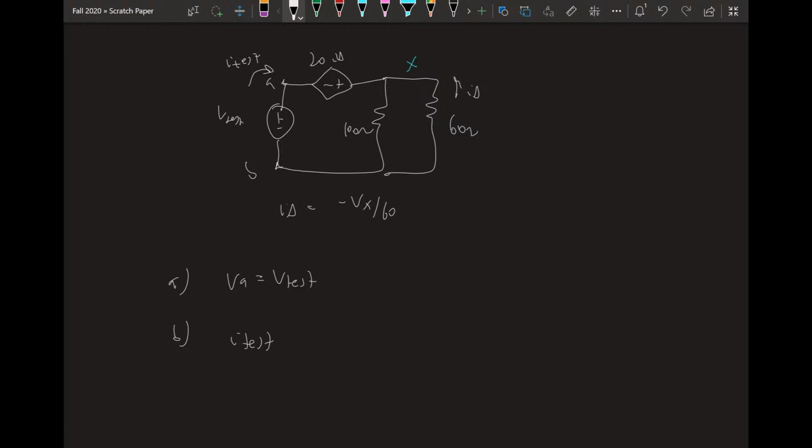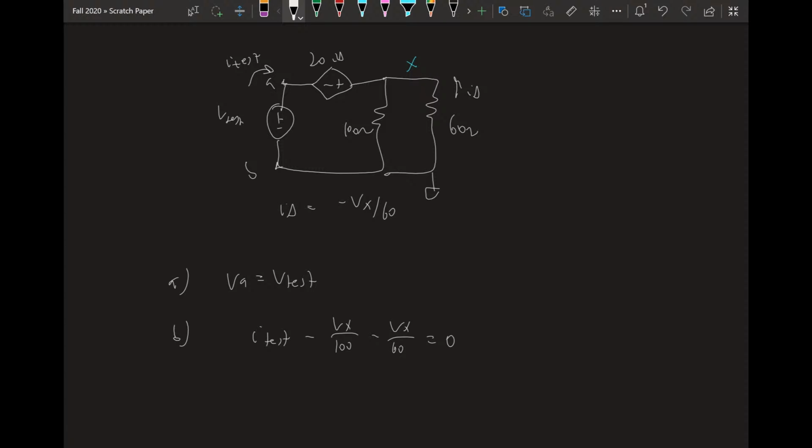Well, at node B, we know that the voltage is 0 because we can define that as ground. But I'm going to write KCL at node B anyway, in the hopes that I can use it to solve for the ratio we want. So at node B, I test is minus Vx over 100 minus Vx over 60 equals 0.